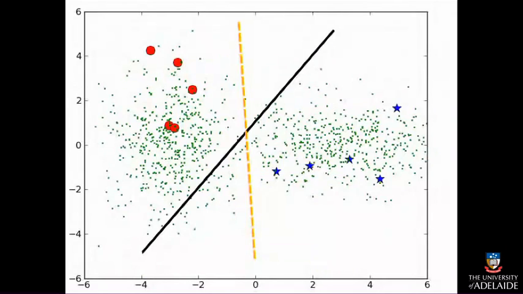So here I'll just give you some examples. We have a very small set of labeled data. These circles and these stars represent two classes, right? Originally, the standard support vector machine will give you this margin, this solid line, of course.